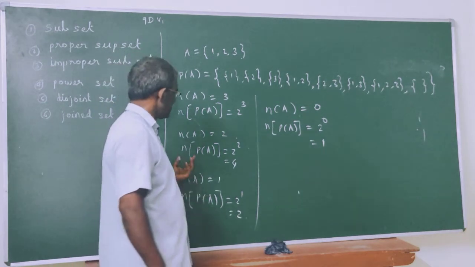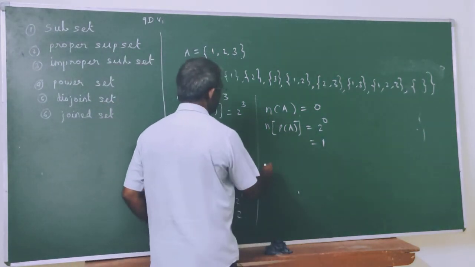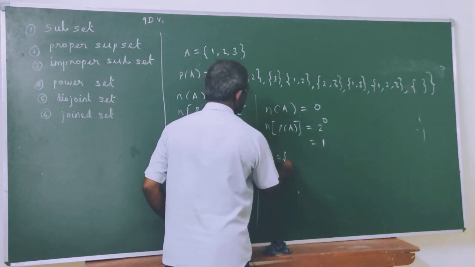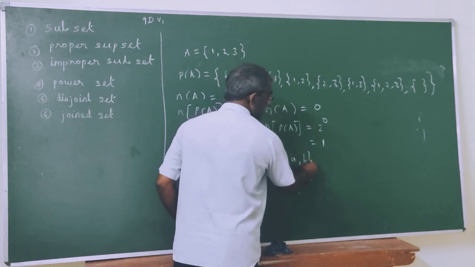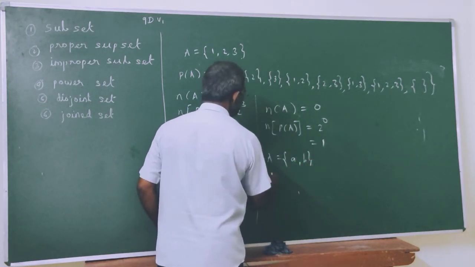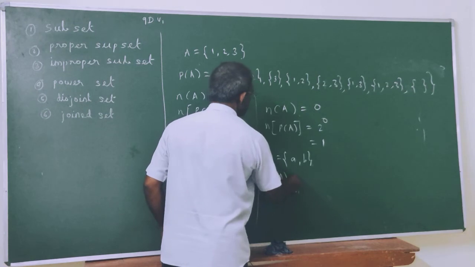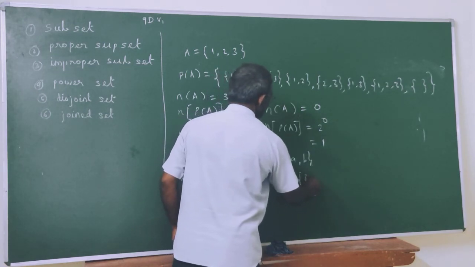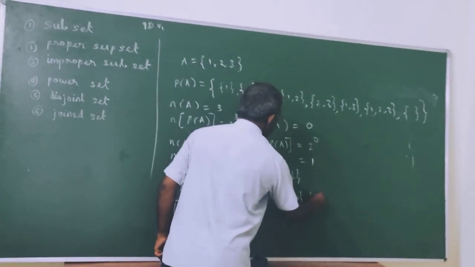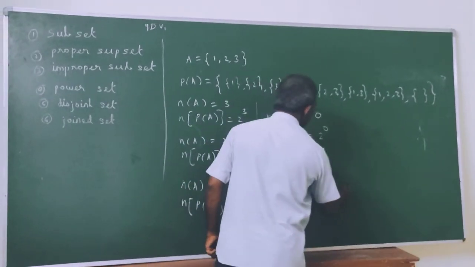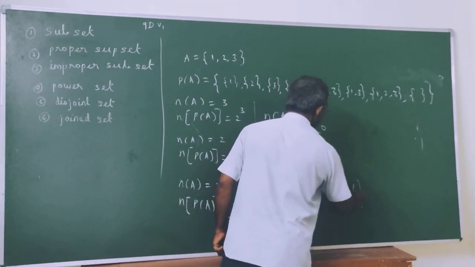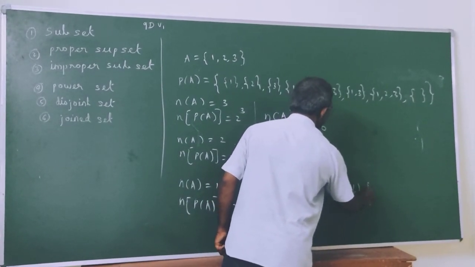This we can easily understand by an example. Suppose A is equal to {a, b}, then P of A is equal to {a}, {b}, {a, b}, and the null set.